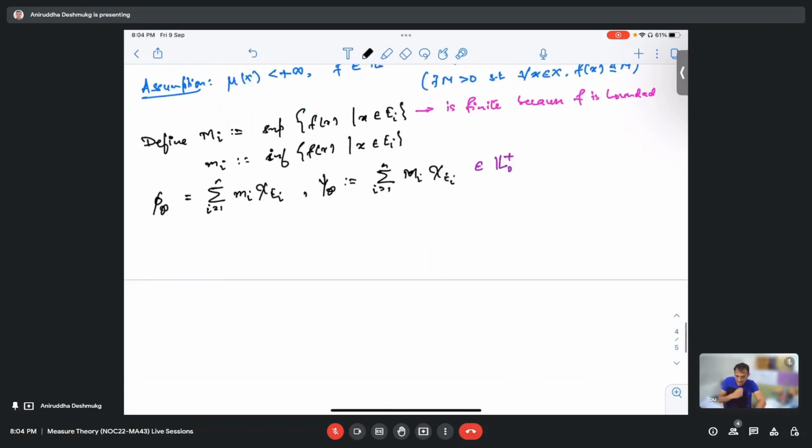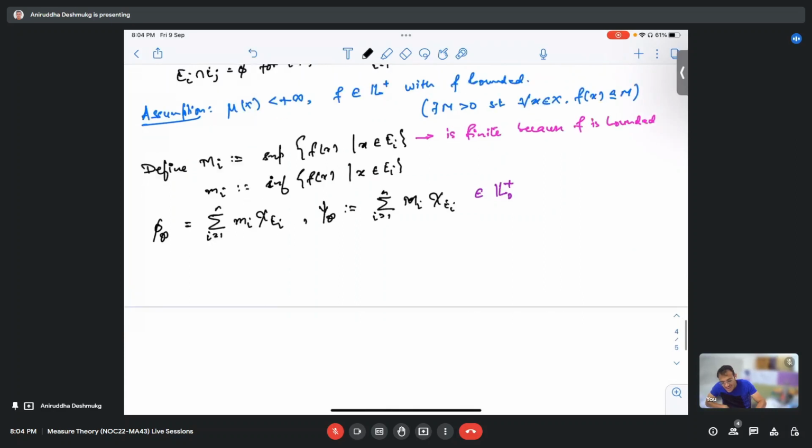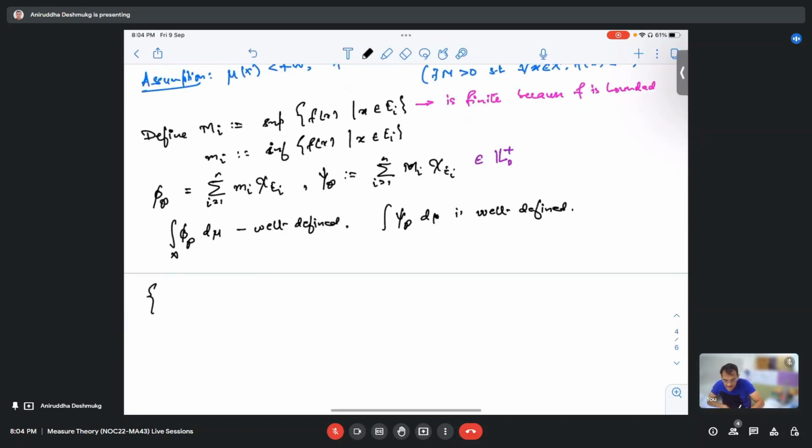Now these are simple measurable functions, so I can define this integral of phi_P, which is well defined. Similarly, the integral of psi_P is also well defined. Let us collect them. Let us call S1 the set of all these integrals of phi_P, where P varies over measurable partitions.